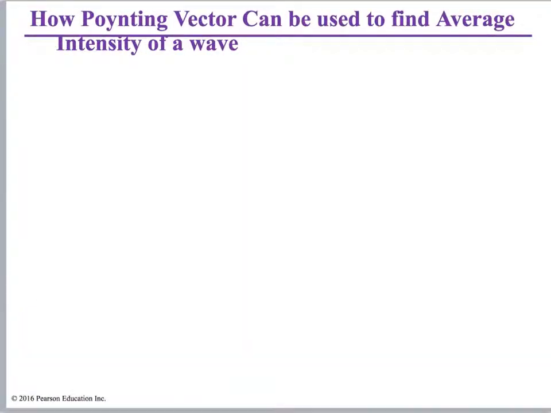Now, one of the things that we might be more interested in is what we call the intensity, which is just the energy per area times time. But really, we're looking at the average value of the Poynting vector.